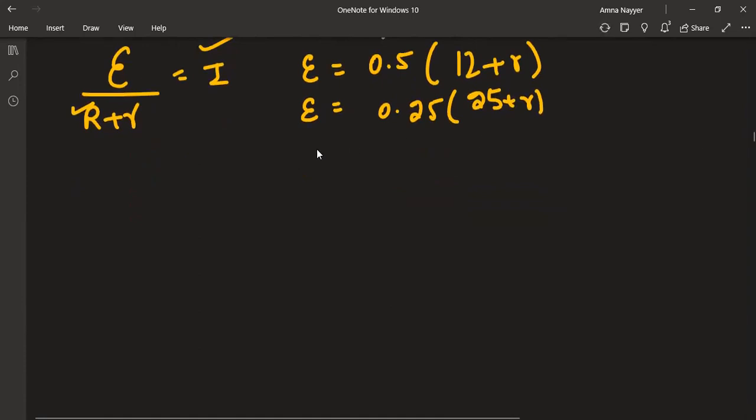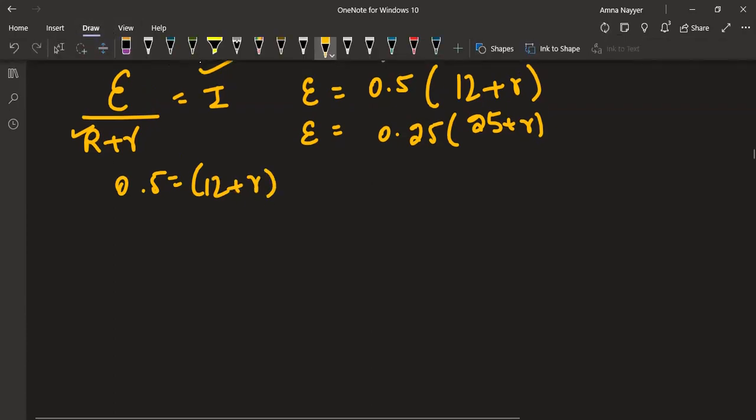So what you can do, we can substitute it or we can equate both these equations. That's better. 0.5 times 12 plus r is equal to 0.25 times 25 plus r.